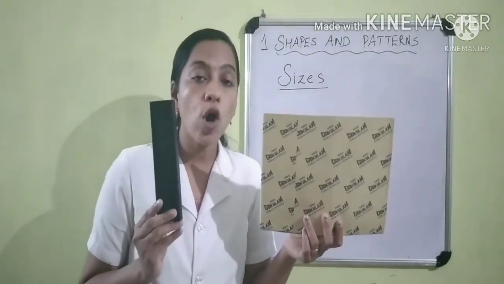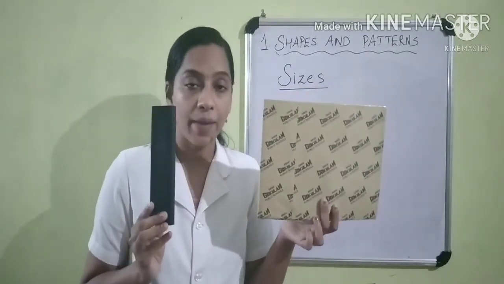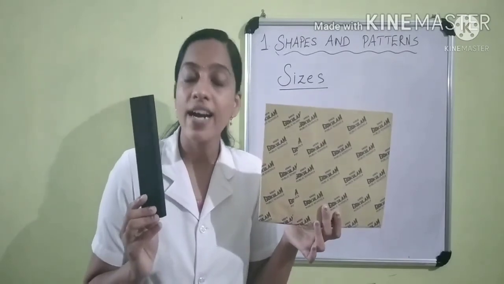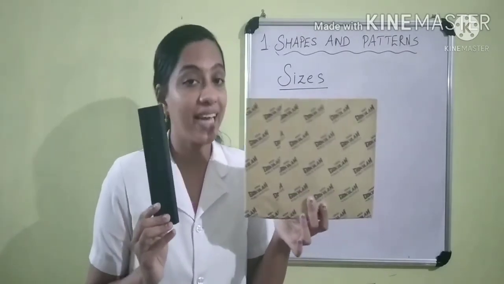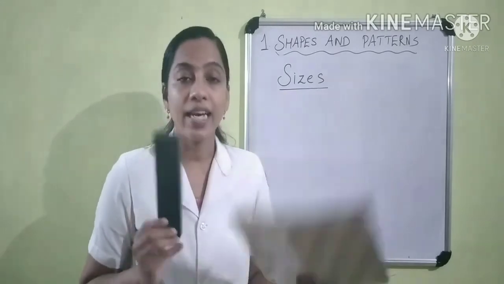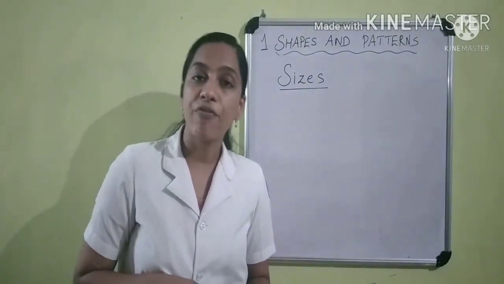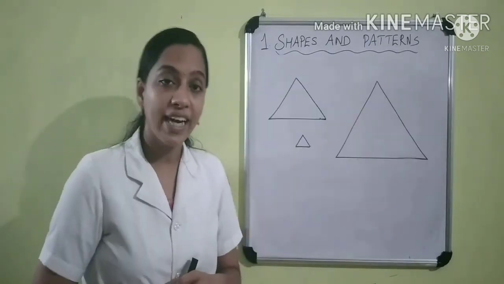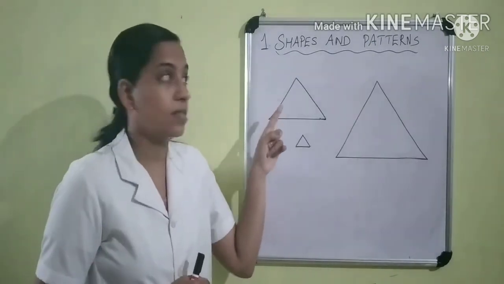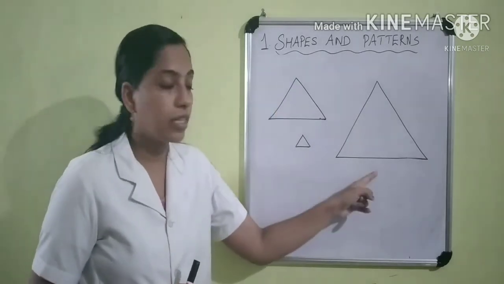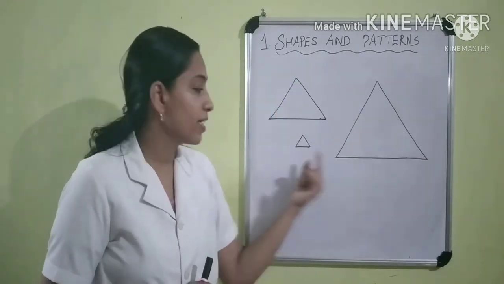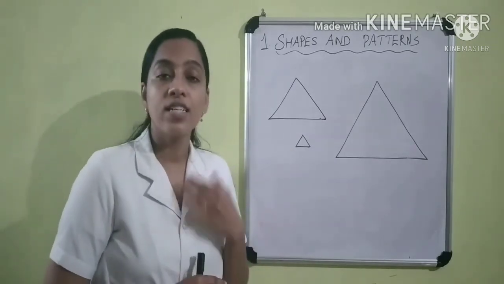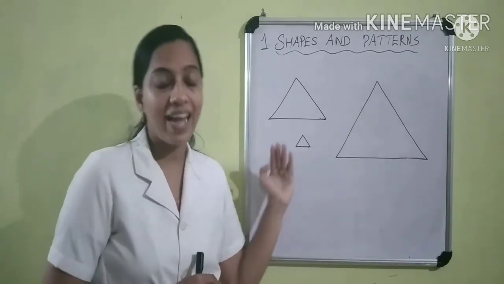See, these 2 objects have the same shape. What about its size? The size of these objects are different, but the shape is same. Okay, that is, shapes can be different sizes. Okay children? Yes. Tell me children, which shape is this? Yes, this is a triangle shape, and this also a triangle shape. Here you can see a small triangle, isn't it? That is, shapes can be different sizes.